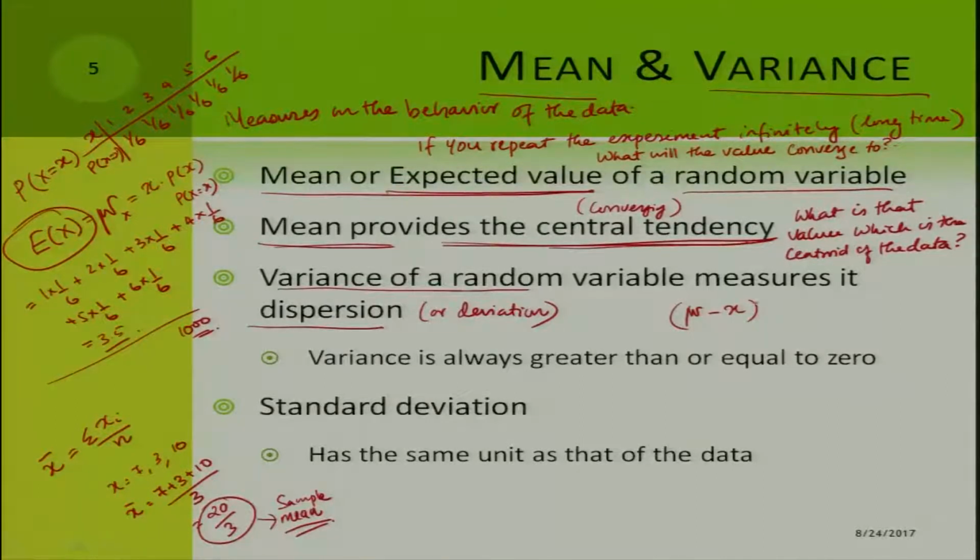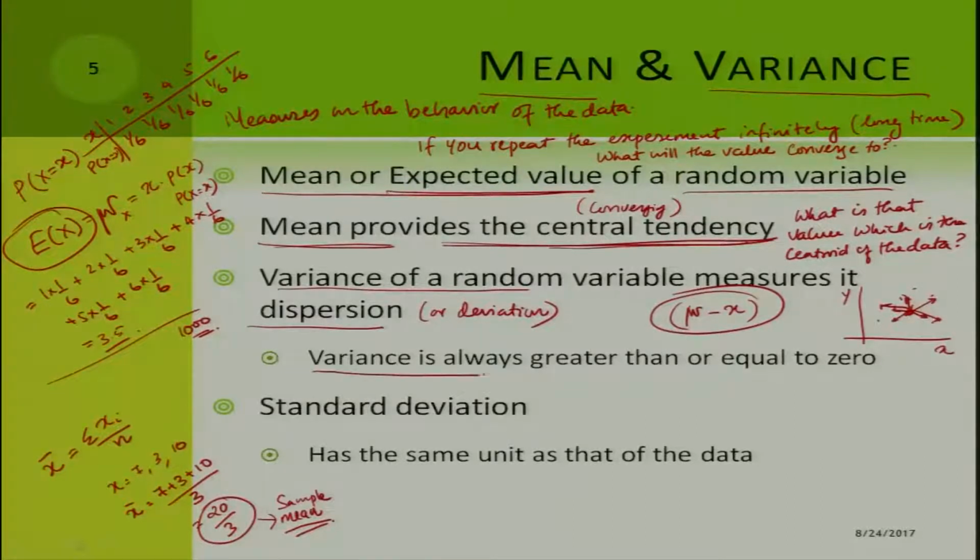The mu minus x is how far each point is. If you look at a set of data like this, and let us say this is the sample mean, then these deviations are what you are looking at. You can visually think about it that way.